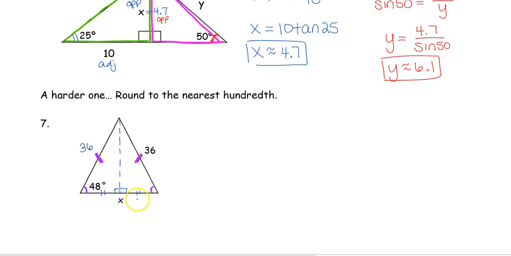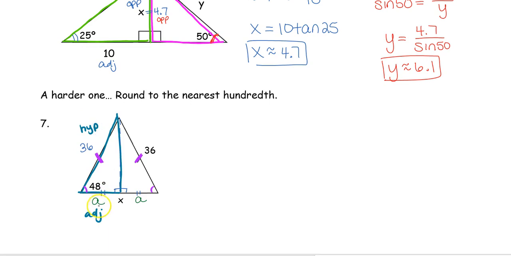What I want to do is find this bottom portion. It's split into two equal pieces, which means if this is A, then this is A. You can use whatever variable you want. So if I use my angle of 48, this A, just looking at half of my triangle here, A is going to be the adjacent side. 36 is opposite that right angle, so that's going to be the hypotenuse.